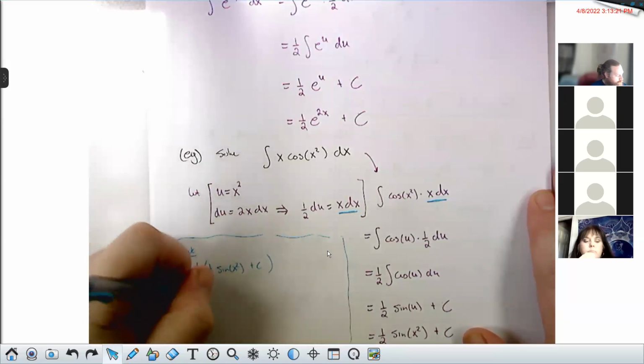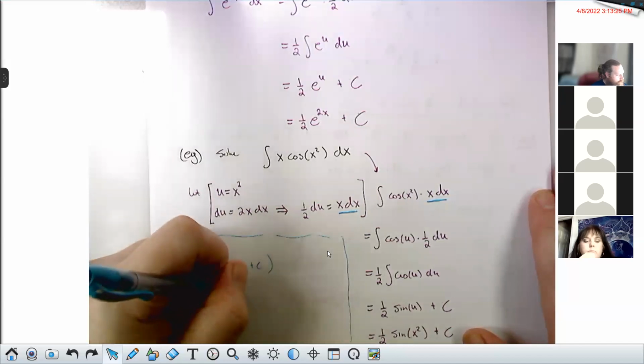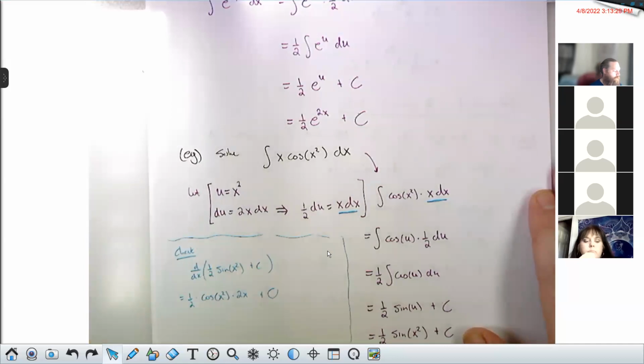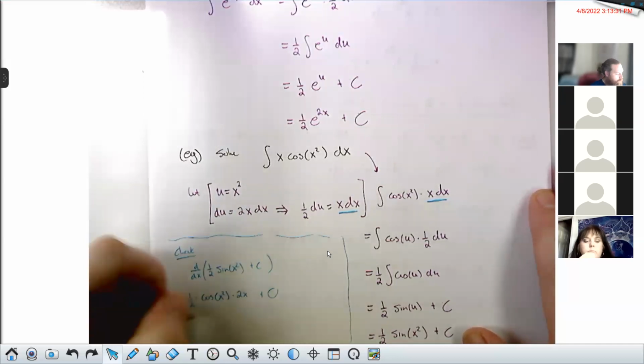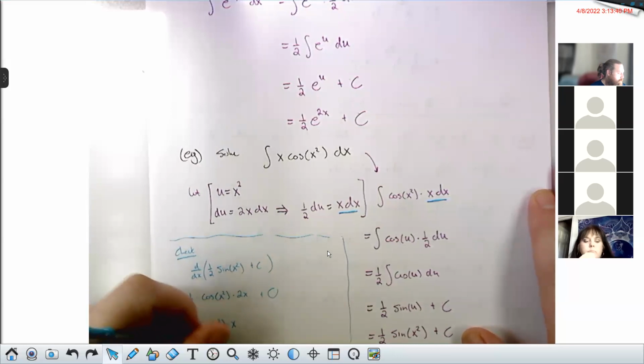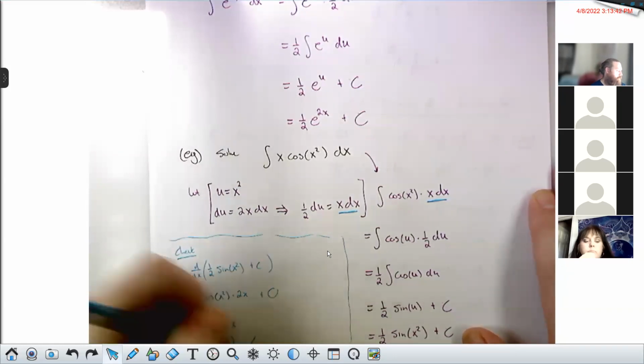Well, that's a chain rule thing, so that would be cos of x squared times the derivative of x squared, which is 2x, and the plus c differentiates to 0. The 2's cancel, and you get cos of x squared times x, which is the same as x cos of x squared. So yeah, it worked out.